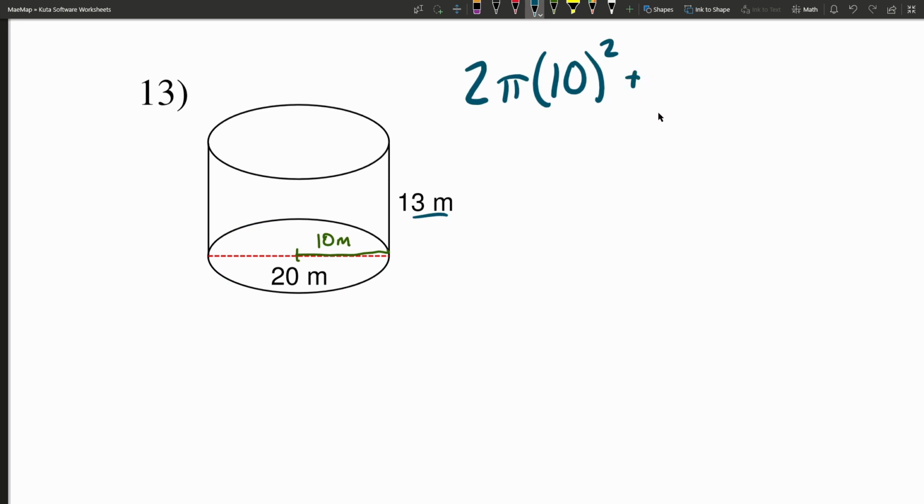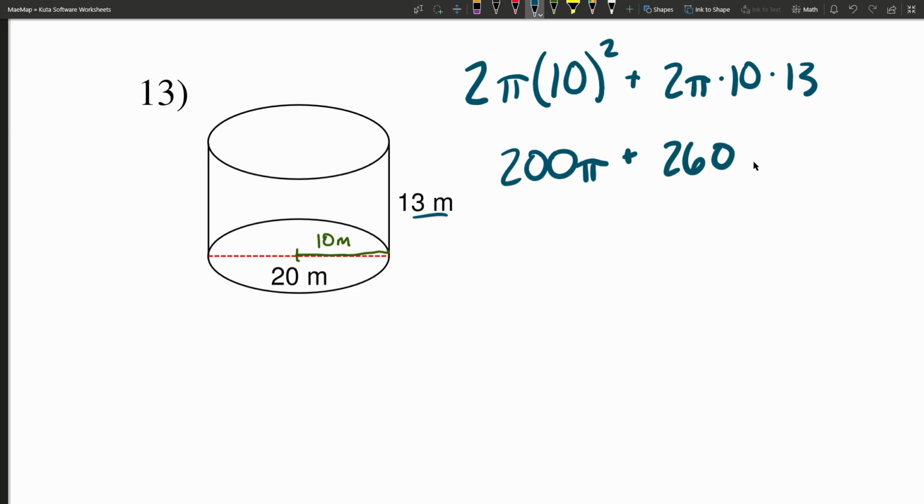And then I add that to my circumference of my circle, which creates the side if we were to extend that up. That's 2 pi r, which is 2 times pi times 10. And that gets multiplied by my height of 13. 10 squared is 100. 100 times 2 is 200. So I have 200 pi plus 10 times 13 is 130 times 2, that's 260, and multiply that by pi. 200 plus 260 is 460, and both of those were multiplied by pi.